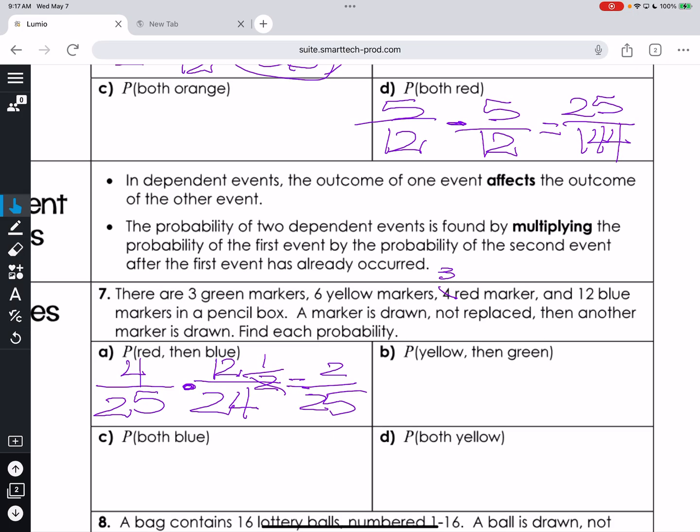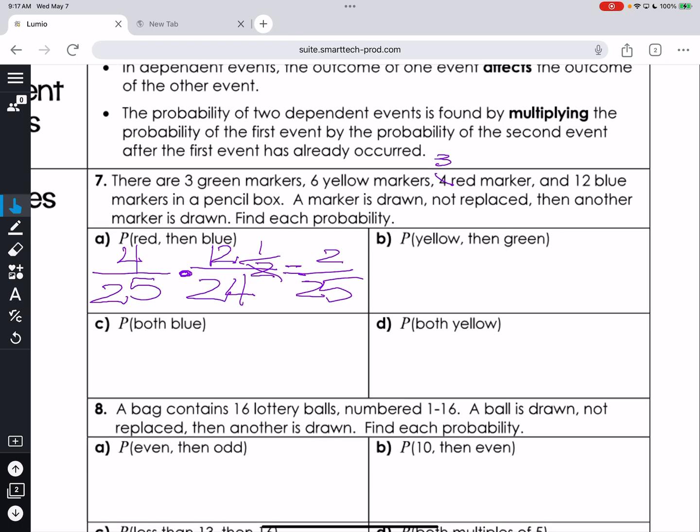All right, look at D. How many do we have all together? 25. We've drawn a yellow. What's our option for drawing a yellow? We have 6. But now we're saying that we did draw a yellow and we took it out. We only drew 1 and we set it over there. So now how many are in the bag? 24.